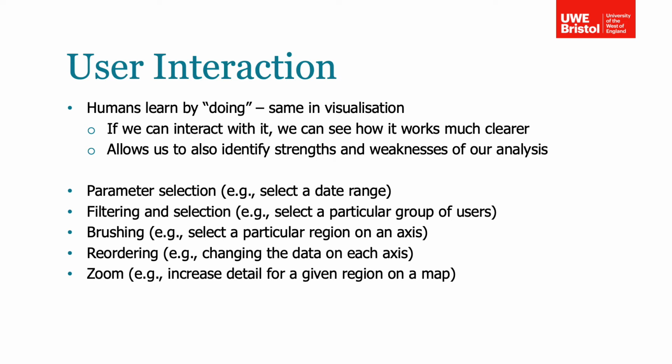Typical interactions may include parameter selection, for example, selecting a date range, filtering and selection, such as selecting a particular group of users, brushing, selecting a particular region on an axis, reordering, changing the data on the axis, and zoom, increasing detail for a given region on a map.